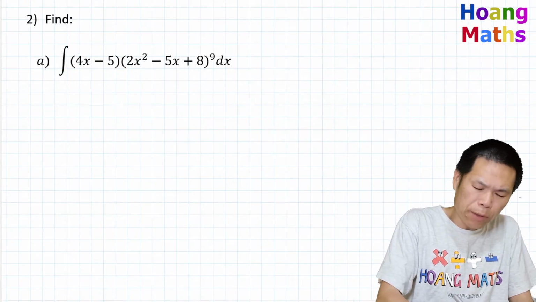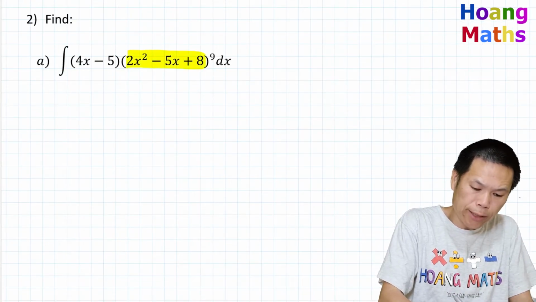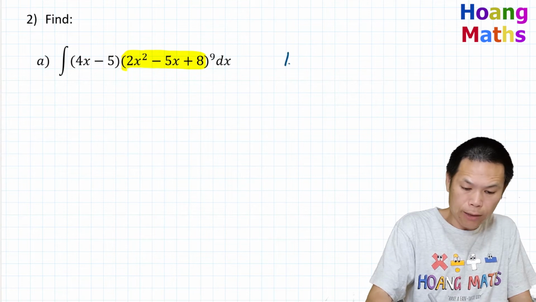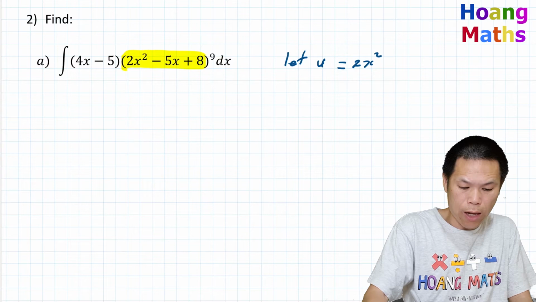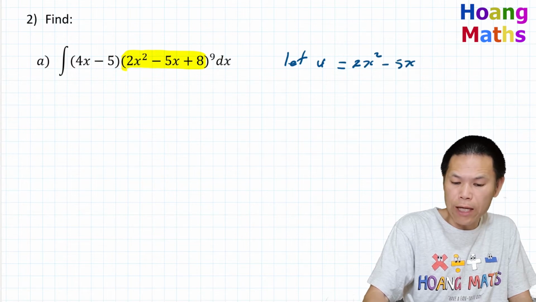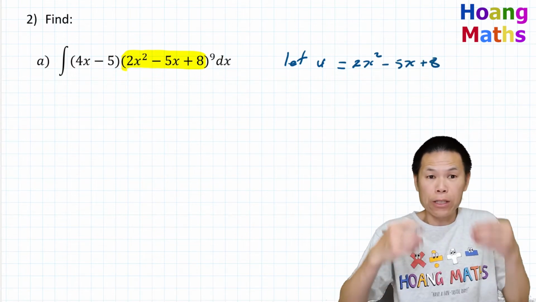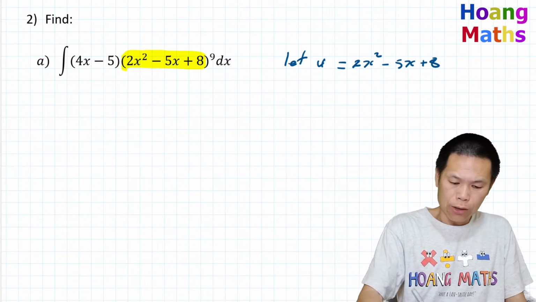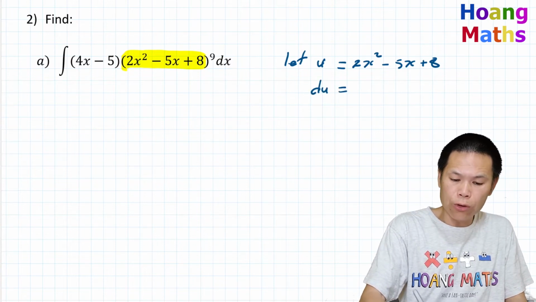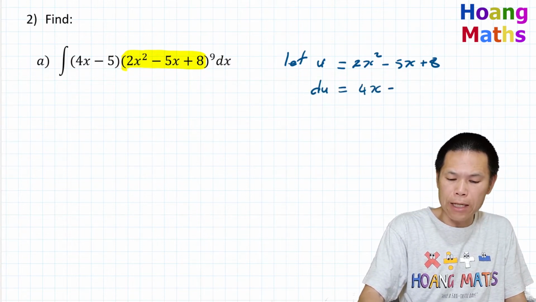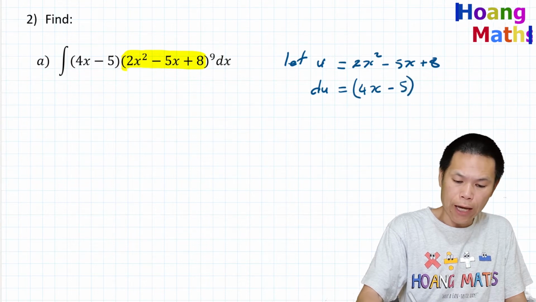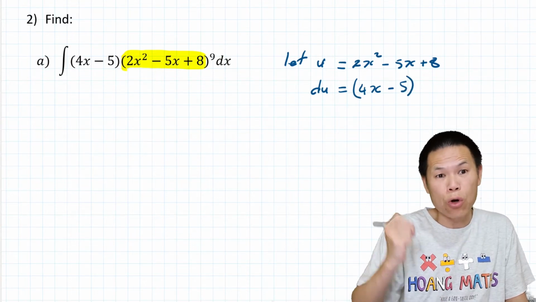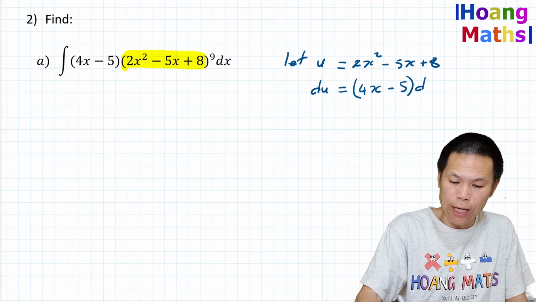First of all, let me let u is equal to this. Let u is equal to 2x squared minus 5x plus 8. Now I just differentiate that. So du is equal to 4x minus 5, in brackets of course because it's more than one term, dx.